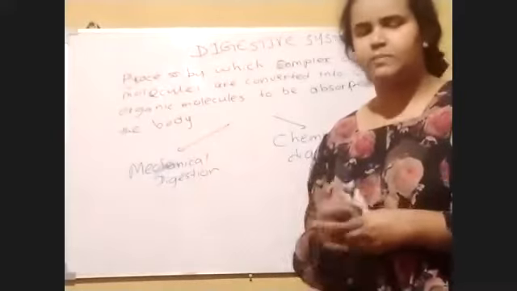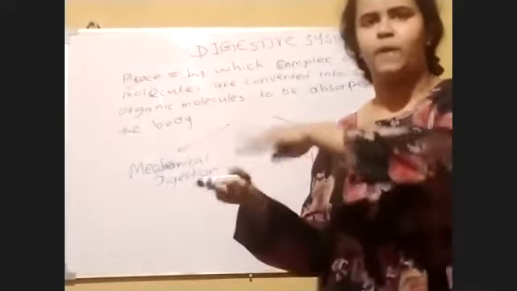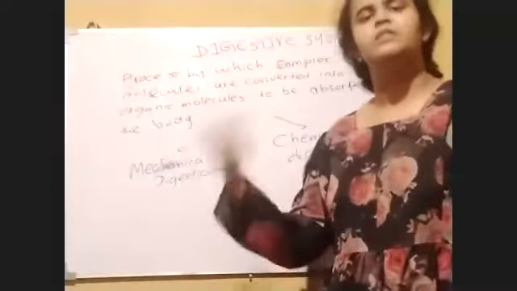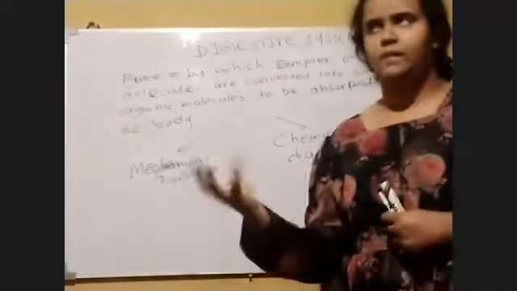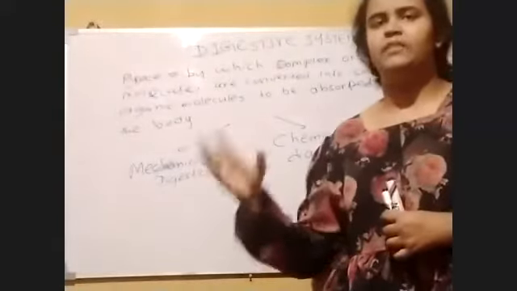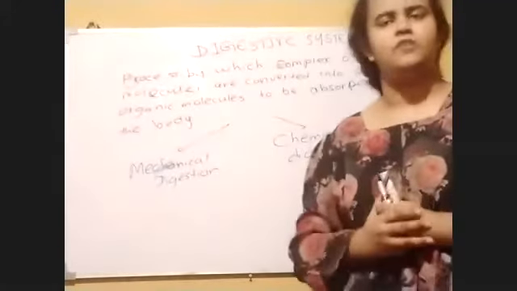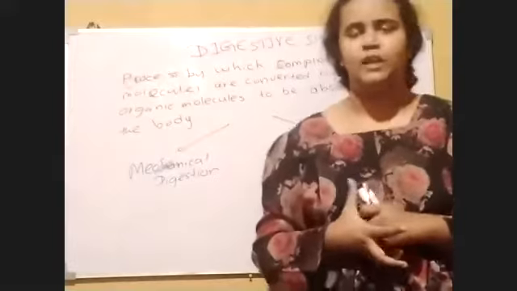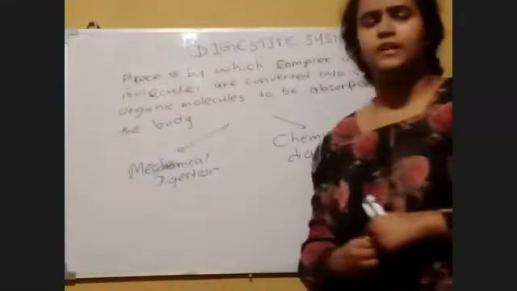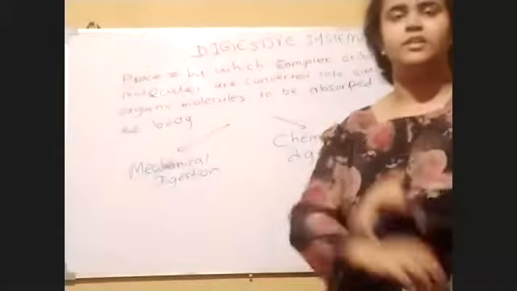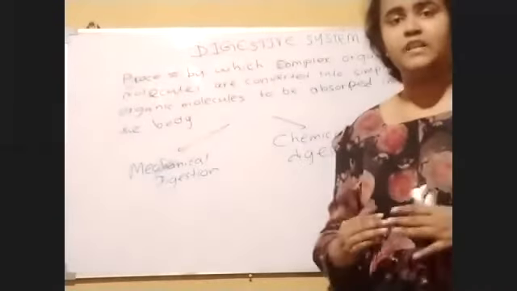If I take this marker and chop it, the physical nature of the marker is changed. If I get a piece of ice and allow it to melt, the physical nature of the ice changes into liquid form. Likewise, during mechanical digestion, the physical nature of the food is changing.